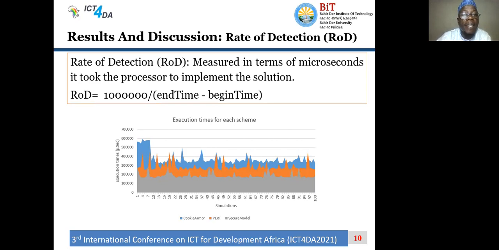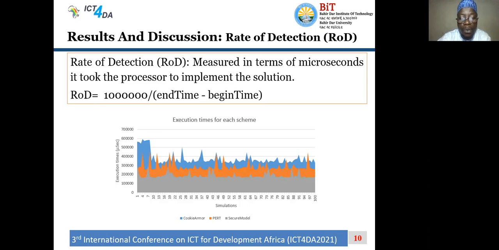We tested the rate of detection of each solution, which measures how fast the solution runs on the system. The rate of detection is tested per second. The graph below shows the result for each solution.